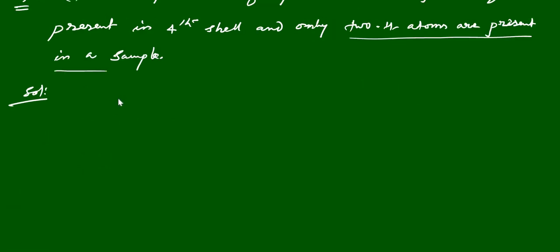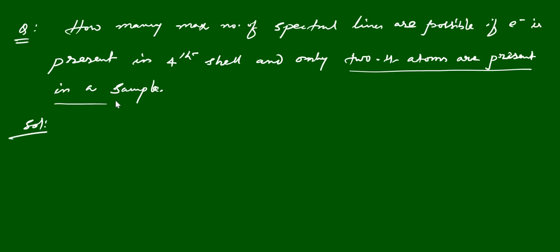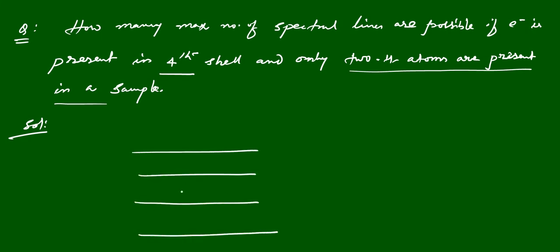See now for this solution, how many maximum number of spectral lines? Two hydrogen atoms are present, and we know that each hydrogen atom contains 1 electron. But where are the electrons present? In the fourth shell. You write 4 shells. Here is 1 electron and here is 1 electron, and these 2 electrons may de-excite like this.